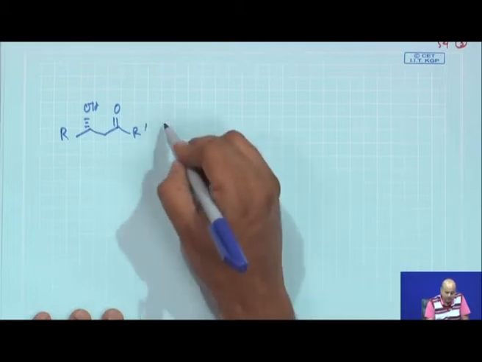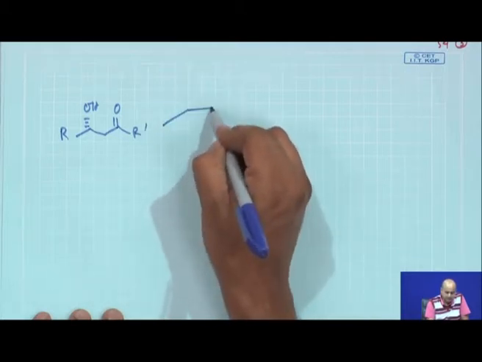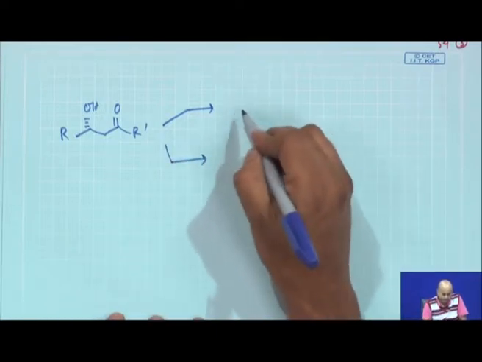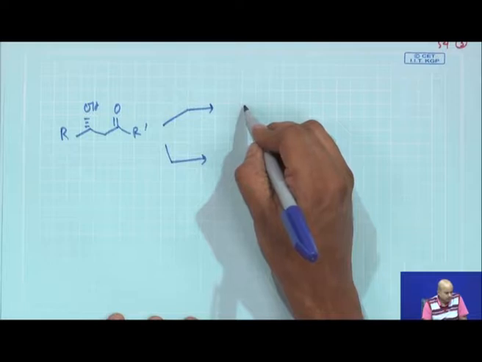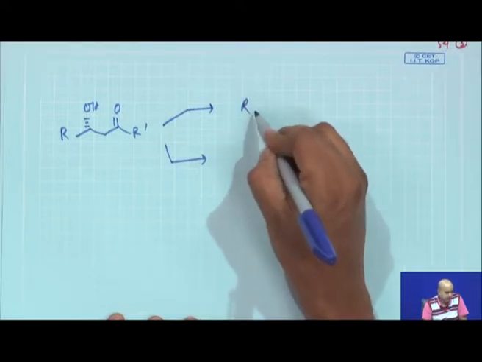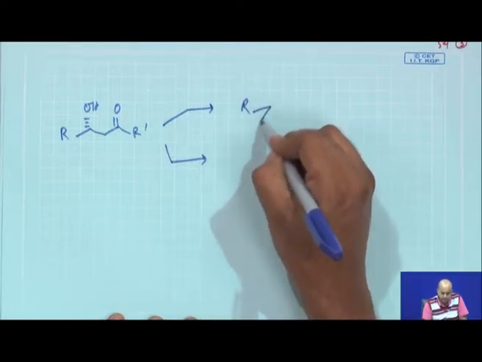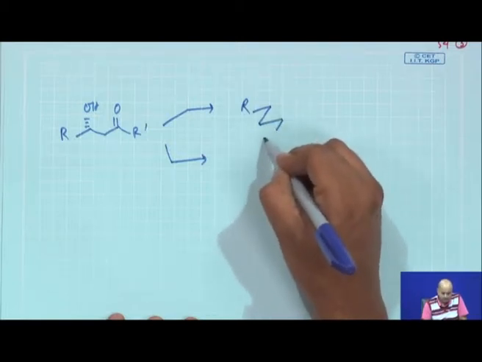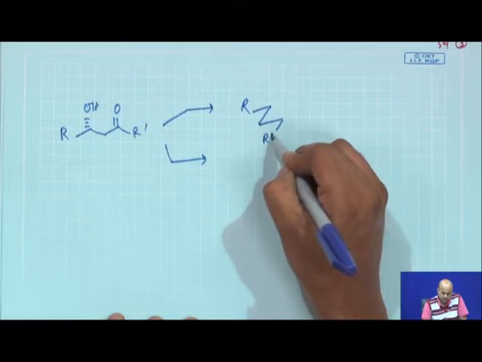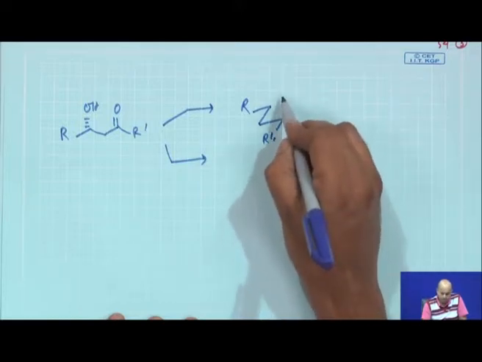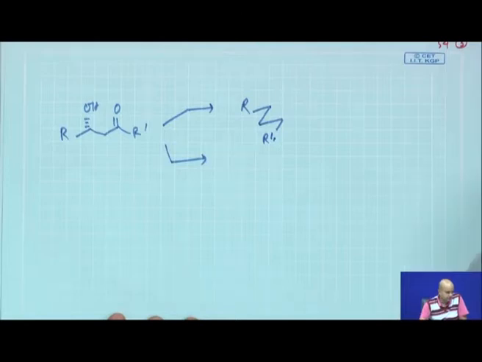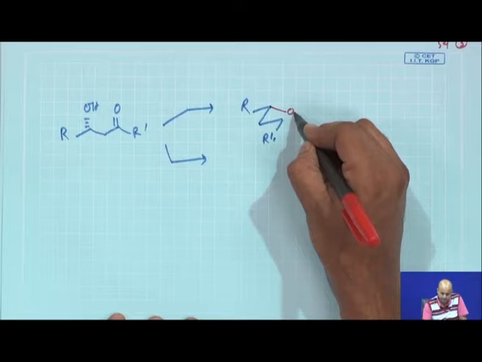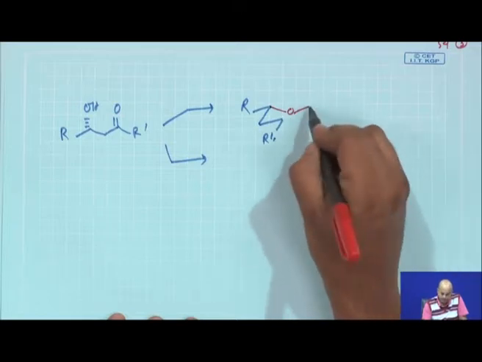Now, what I am saying is that you devise the reaction pathway. If the pathway follows a 6 member transition state, where R1 and R prime will have an equatorial kind of orientation, then this OH will be put here.